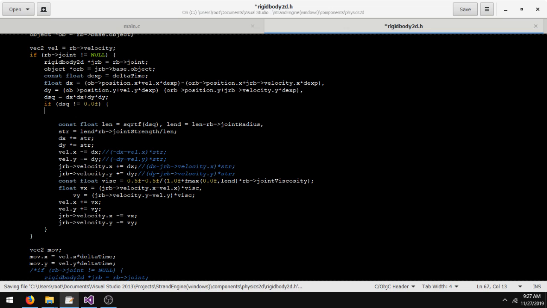So what I need to do that is I need to calculate. Wait, I'm an idiot. So if this is the difference in the position, that's what the velocity actually needs to be. Oh yeah, minus joint radius.